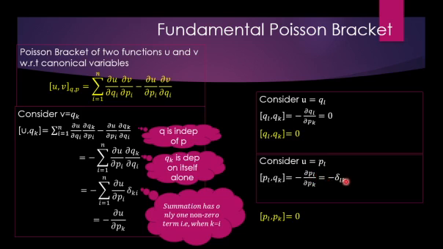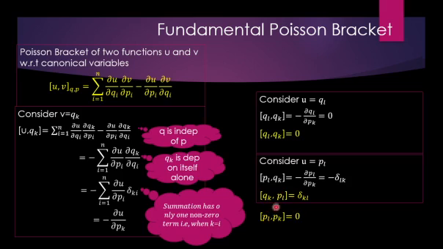So we can again replace it with the Kronecker delta. If I reverse the order, using the antisymmetric property, the Poisson bracket of qk comma pl will be equal to, the negatives cancel off, the remaining delta kl. That is the second fundamental Poisson bracket.